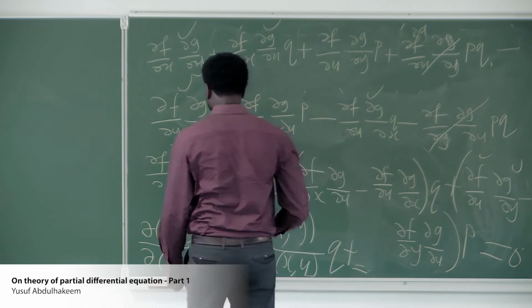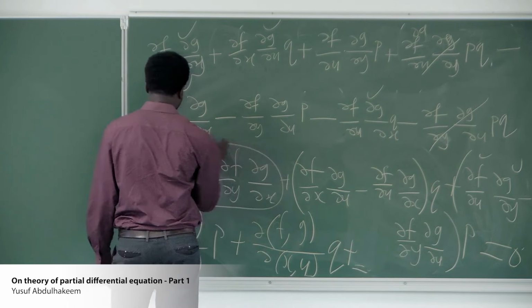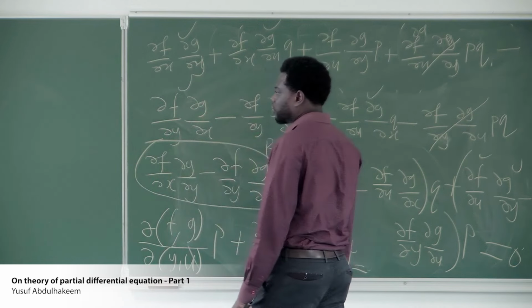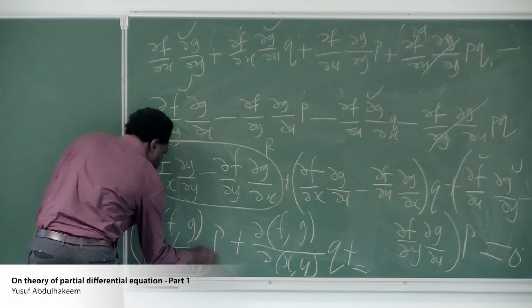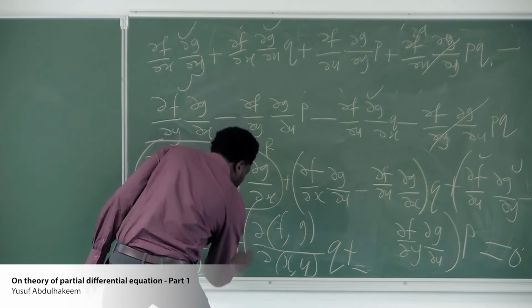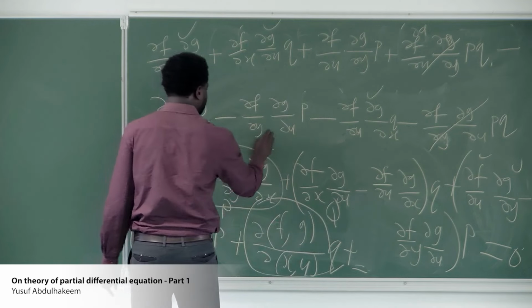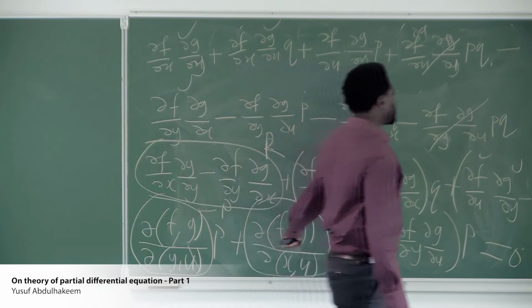which is equal to ∂f. So we can just take this. The whole of this is what we are now going to take as our capital P. Then we take the whole of this as our capital Q, while we take everything here as our R. So that is what results into the equation that we have here in equation 1.1.11.